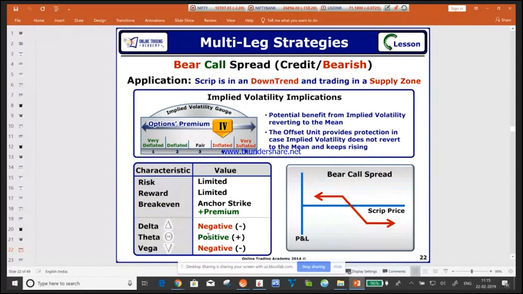And why is Vega negative? Yeah, because we are trading in section 4, and can volatility still go up further? Not drop. Rise. You are selling options. Selling options. Drop is in your favor. Rise is against you.